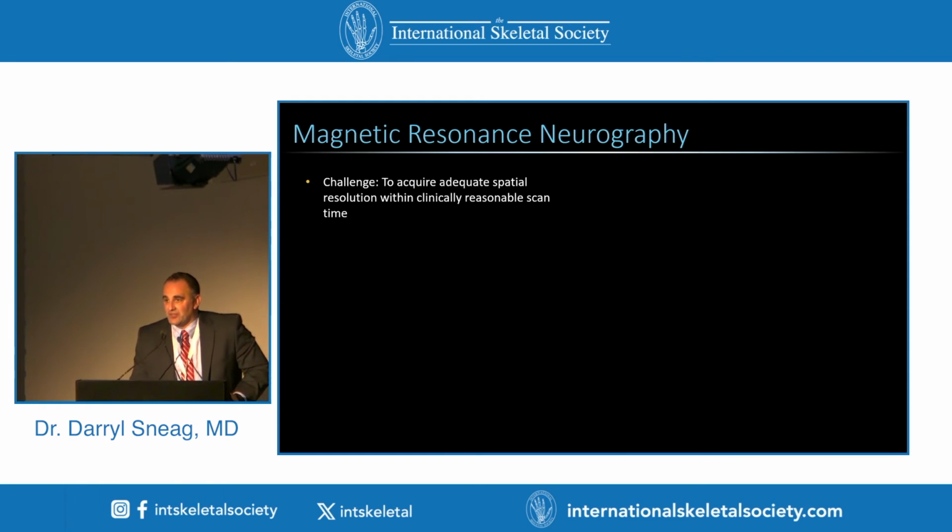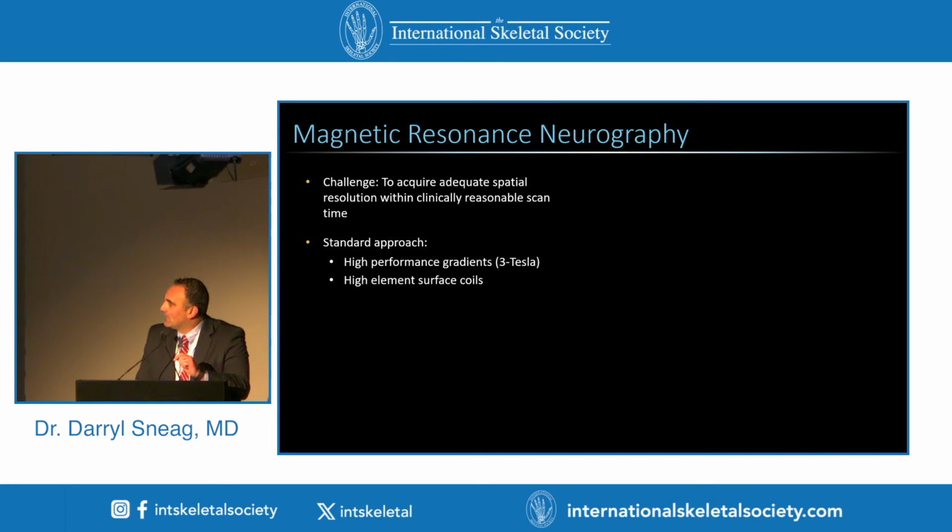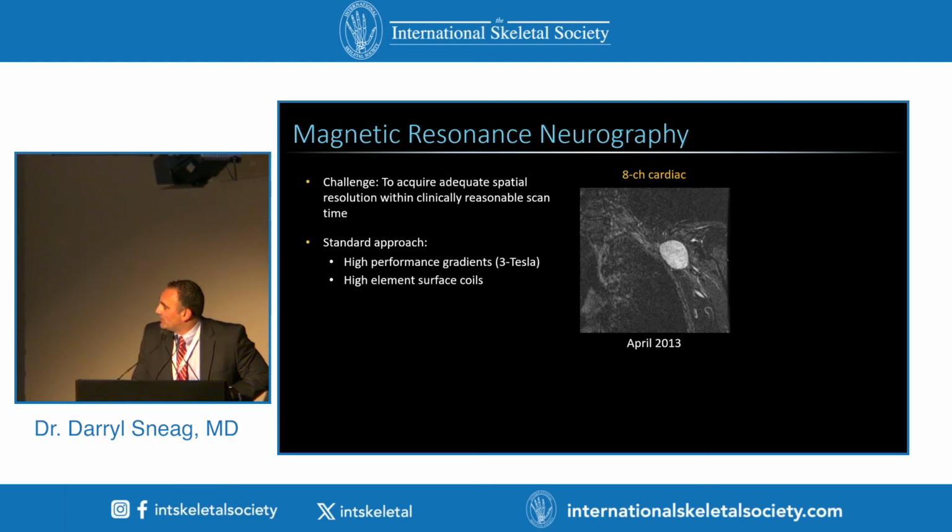So what's the challenge in MR neurography? As my colleague Dr. Tan asks me each day, why did you choose the hardest piece of anatomy to go after? Because the nerves are very small. I find it interesting. It's a challenge. You want adequate spatial resolution, but also a clinically reasonable scan time. The standard approach is to use high performance gradients, particularly at 3 Tesla, and high element surface coils.